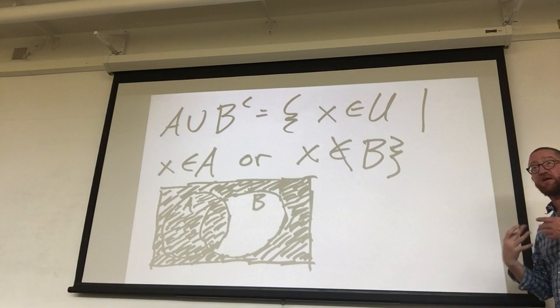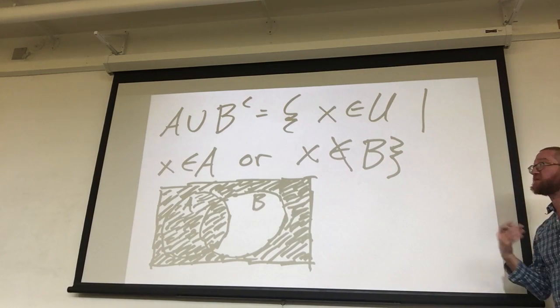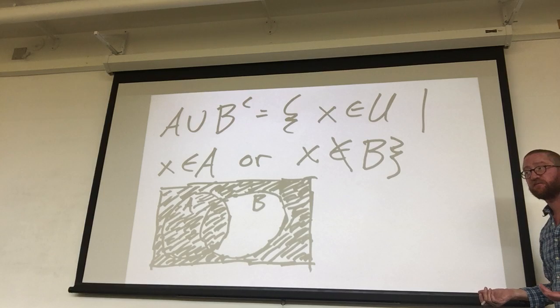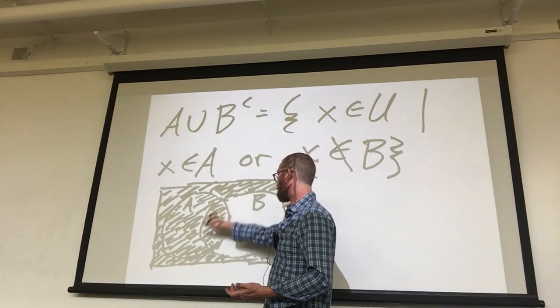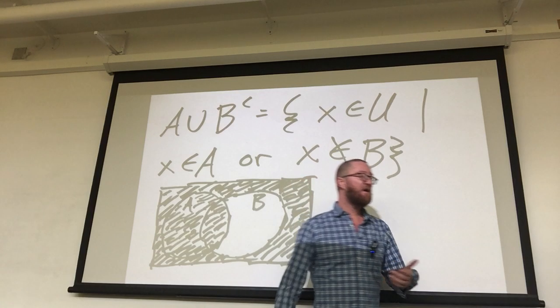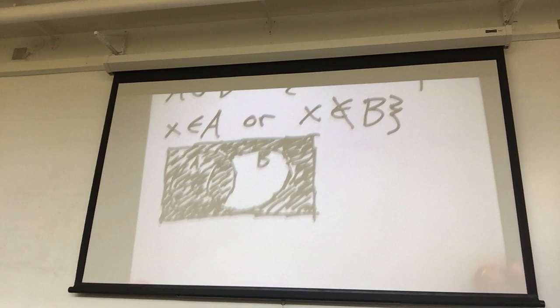So X can be within A, or X cannot be in B, or X is existing within the complement of B. Okay? So that's why we include the intersection of this part right here. Okay, so that's A union the complement of B.